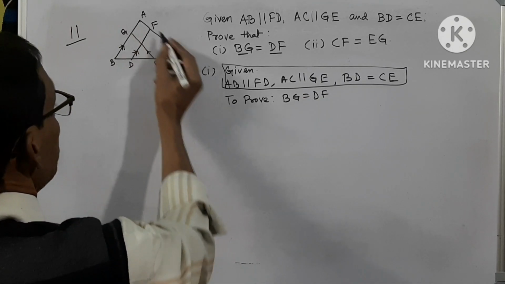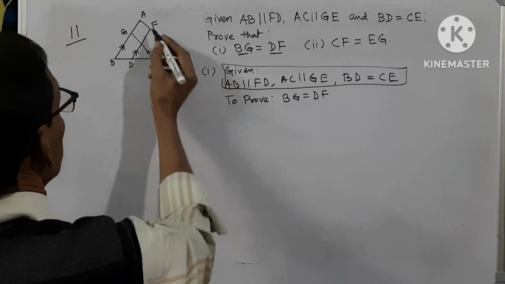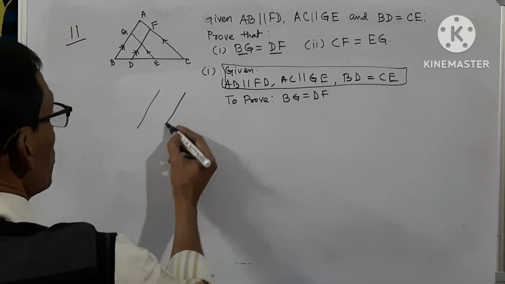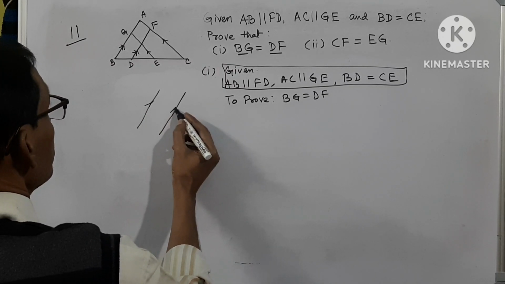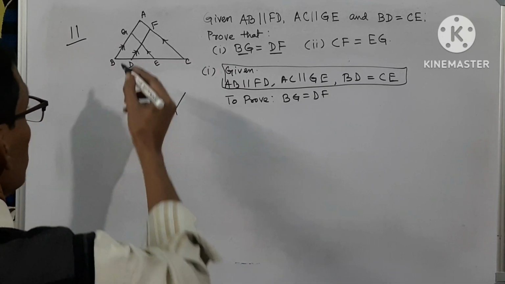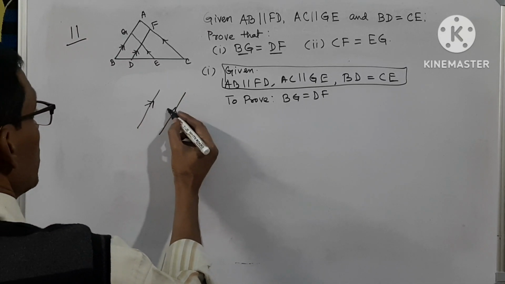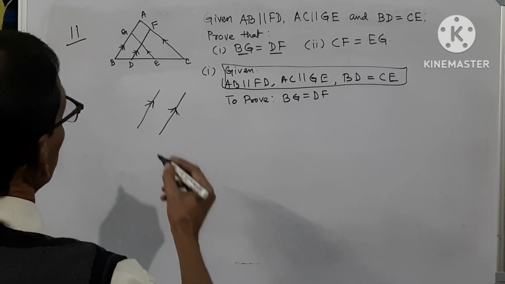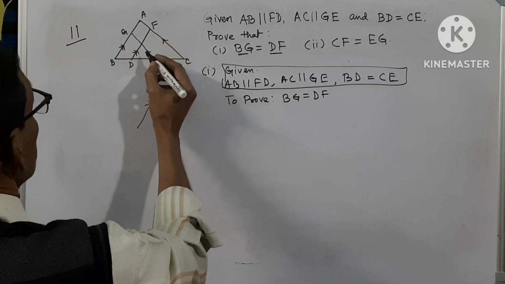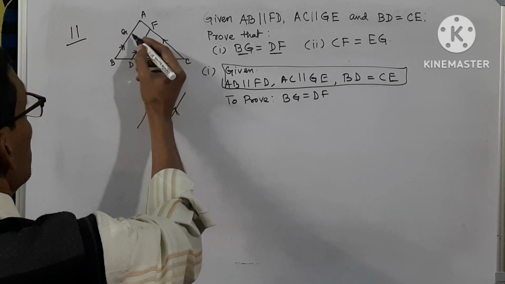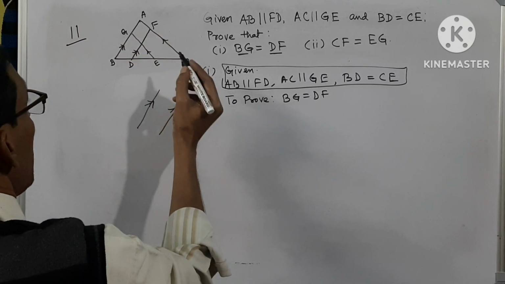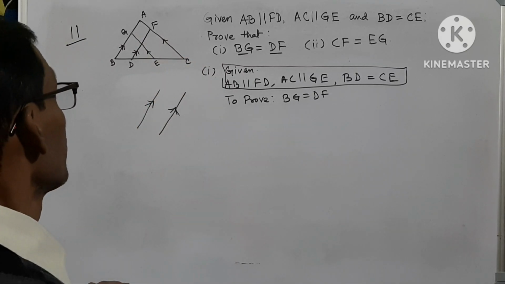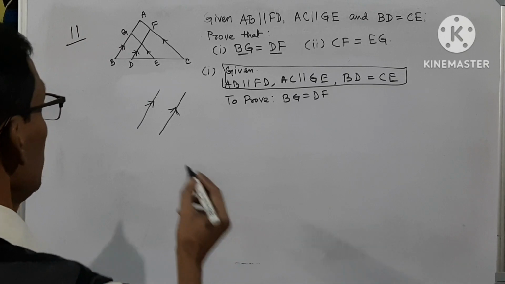Now AB parallel FD. If you draw the two parallel lines, that means AB and FD are parallel. That means this angle BEG and BCF are equal. Why are they equal?